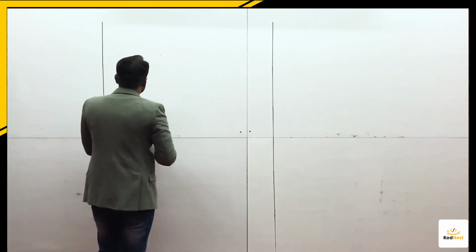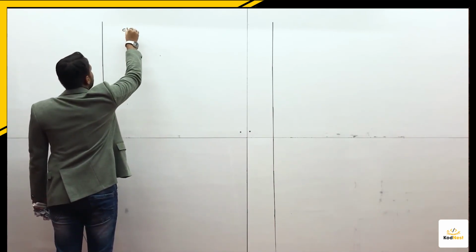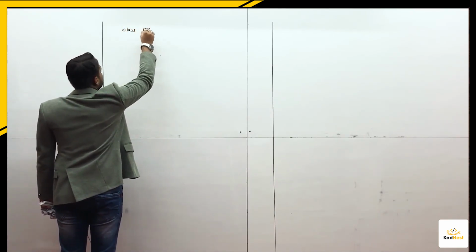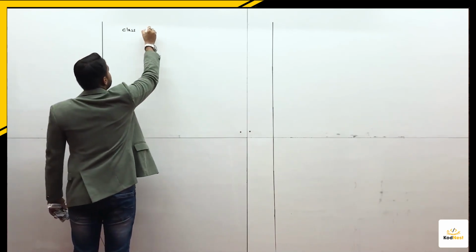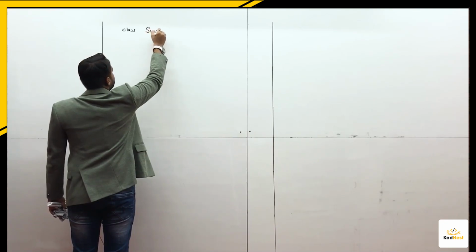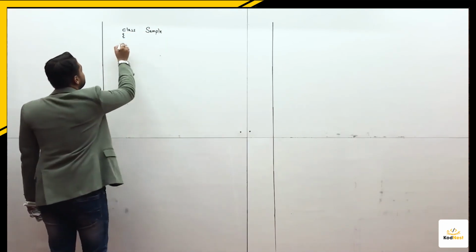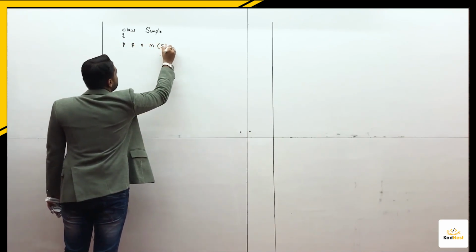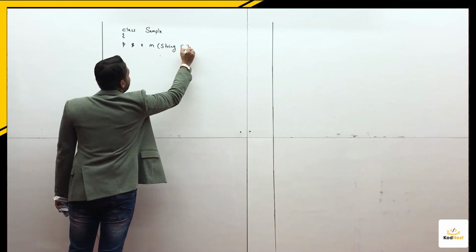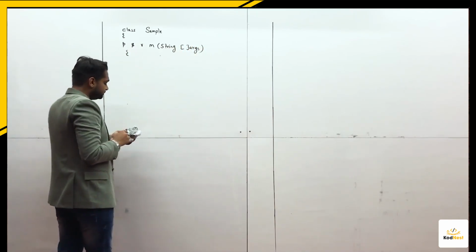What I will do is I will write one class like this. This is that class called reverse number, or class Sample. Inside this class Sample, I will have the main method, public static void main, which would accept the String array args.